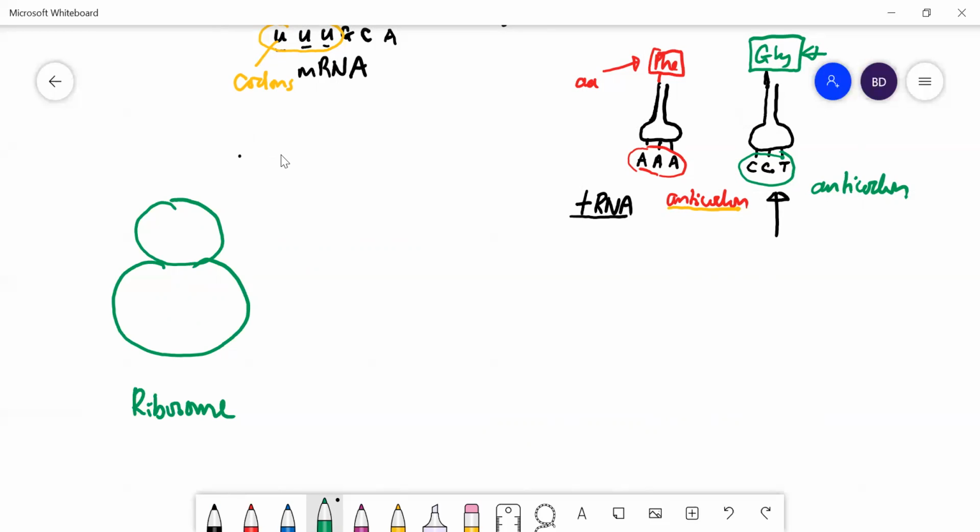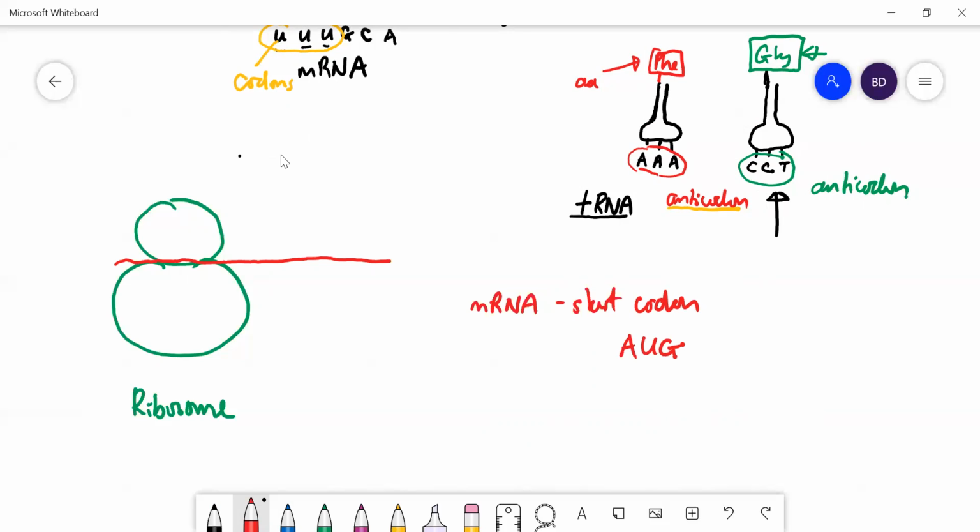Okay, so the piece of mRNA is going to line up there. Now, in order for the translation to start, the mRNA must contain a start codon, and the start codon is actually AUG.